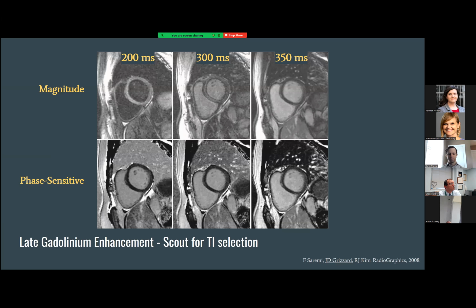These are just some examples taken on a 3 Tesla magnet, and you can see the 3 different inversion times, and the phase-sensitive images show us that there's relatively null signal of the myocardium, and we can optimize that sequence here.